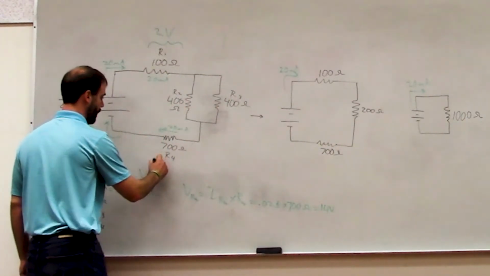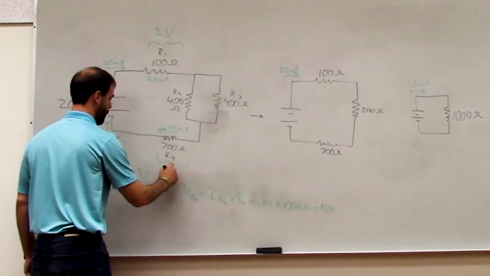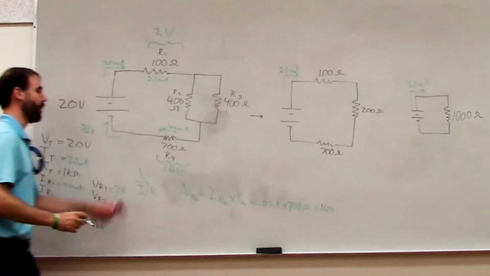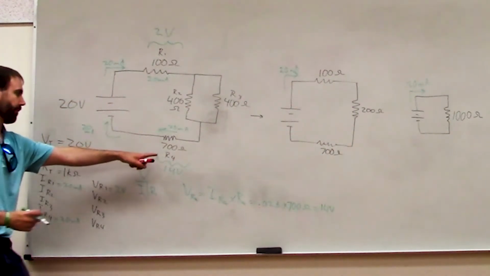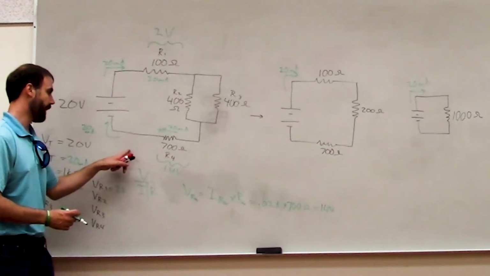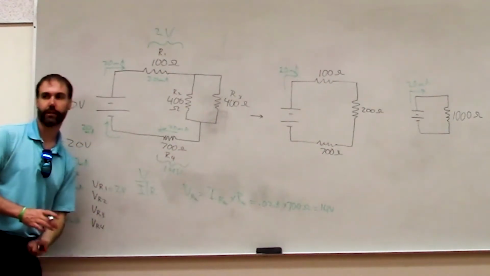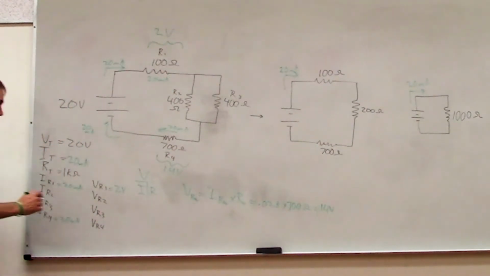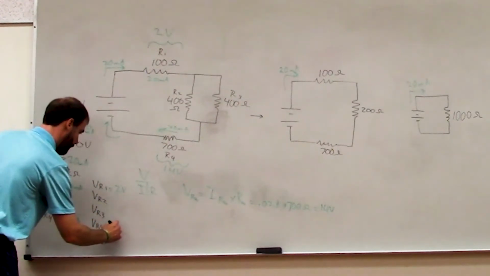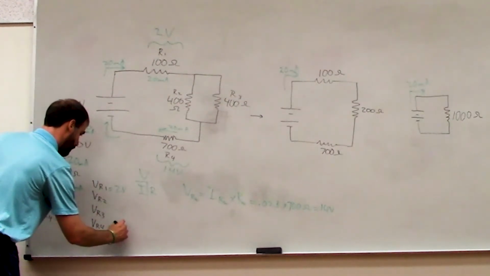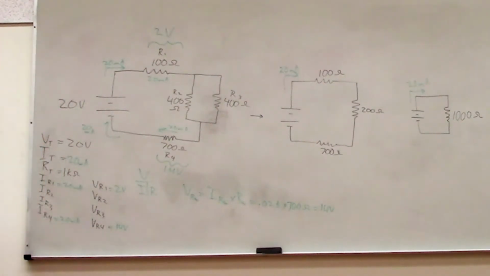So there is a 14-volt drop across this resistor. The left-hand side is 14 volts lower than the right-hand side. We can say VR4 equals 14 volts. Okay? Any questions about that so far? Okay.